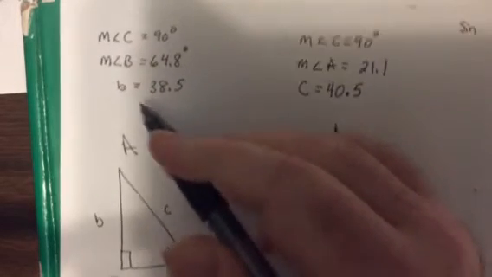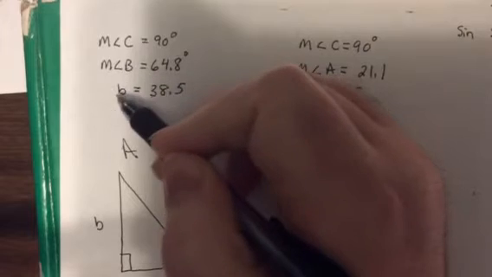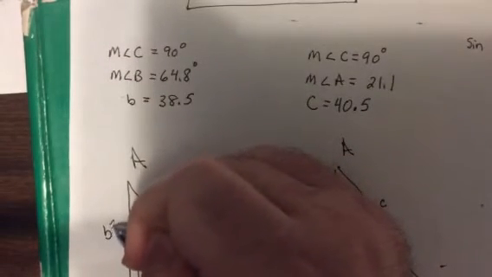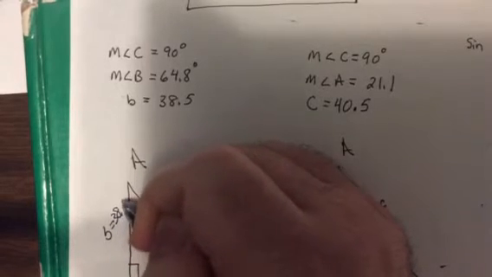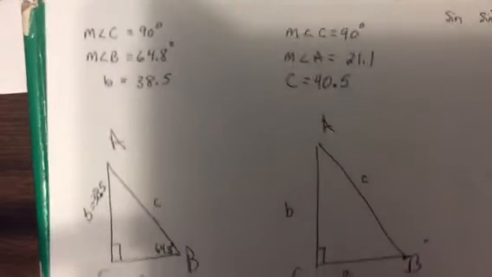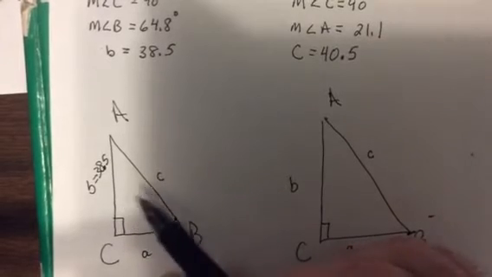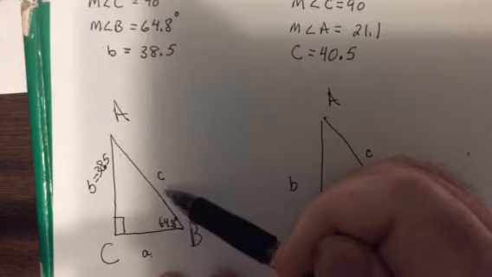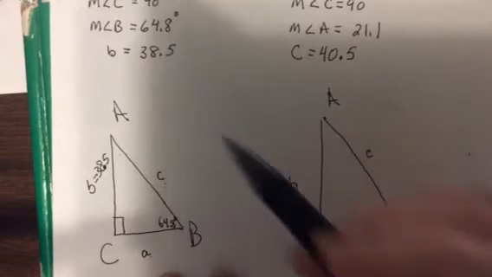And side B, so the measure of angle B, and this just says B, so that means side B, is 38.5. So I always make a triangle and draw my information. So what am I looking for? Angle A and side C.